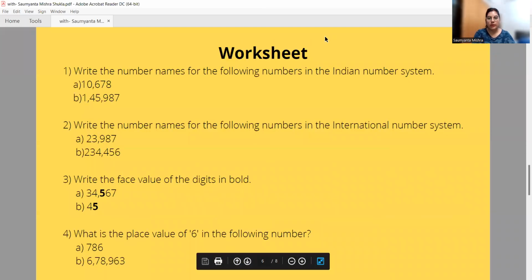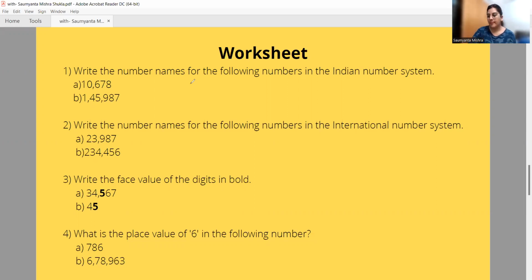Now we have a worksheet over here. Let's solve some problems. In the first question, we have to write these numbers in the Indian number system. So once again, we can draw the Indian number system chart. We have lakh, 10,000, 1,000, 100, tens, and ones.